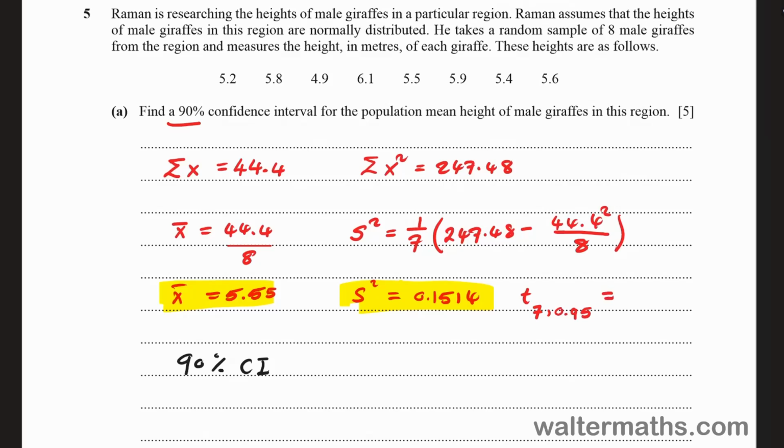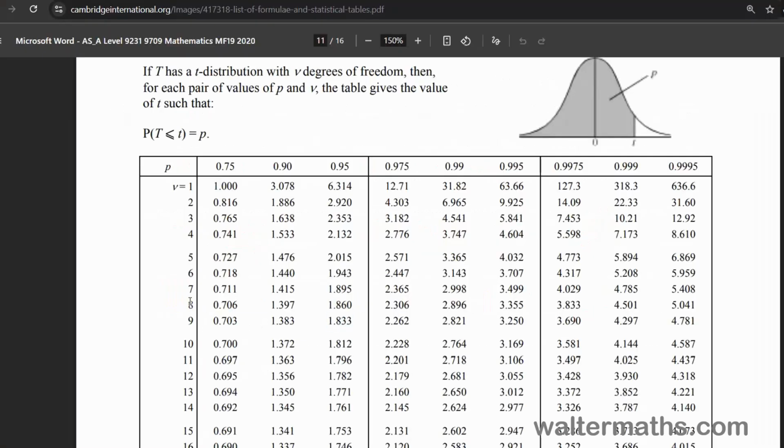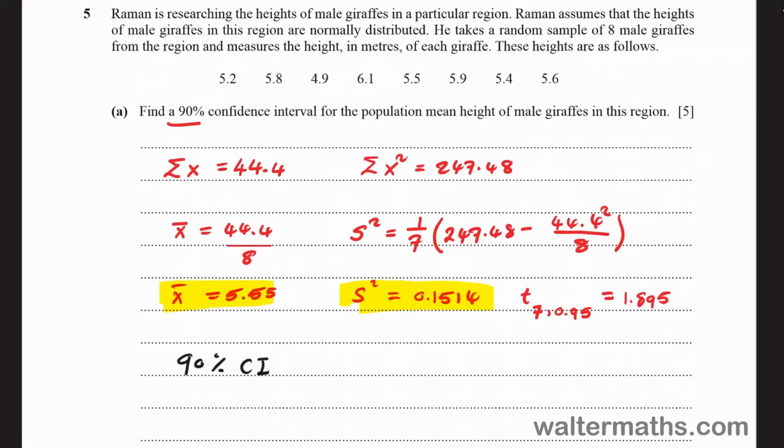All right, so let's go to the tables. Here on the tables, we are saying 7 degrees of freedom and 0.95. So this should correspond to this value here, 1.895. So we now also have this important piece of information.